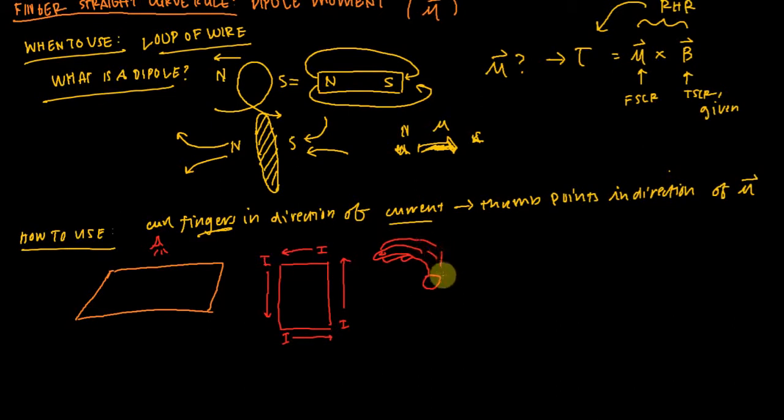Remember, the curl of our fingers represents the current, and the thumb represents the dipole moment. So this is straight out, or if you want to go fancy, in the positive k-hat unit vector direction. So there's what our hand would look like here.